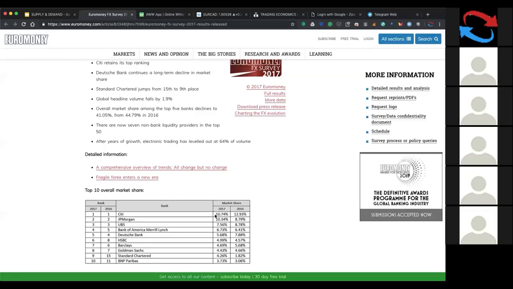But these are the guys that create the price on a price chart. They aren't looking at candlesticks and price action. These guys are creating the price action.